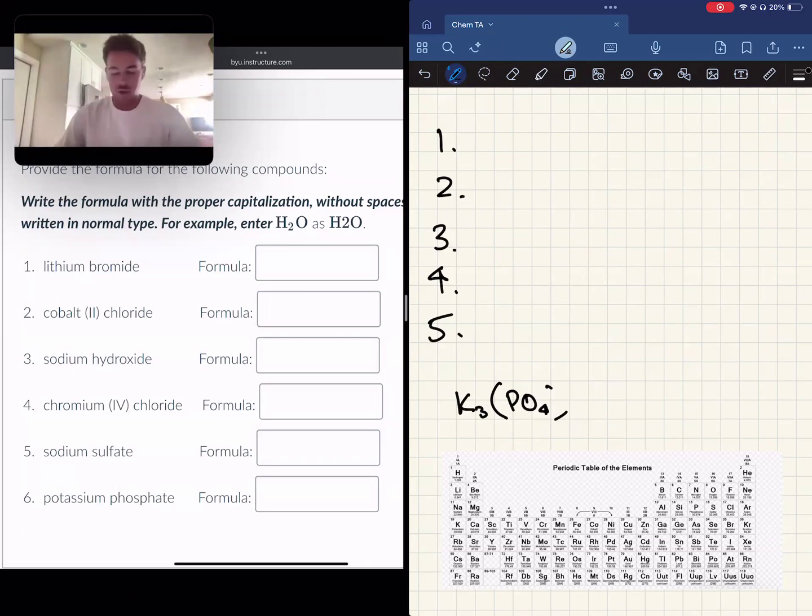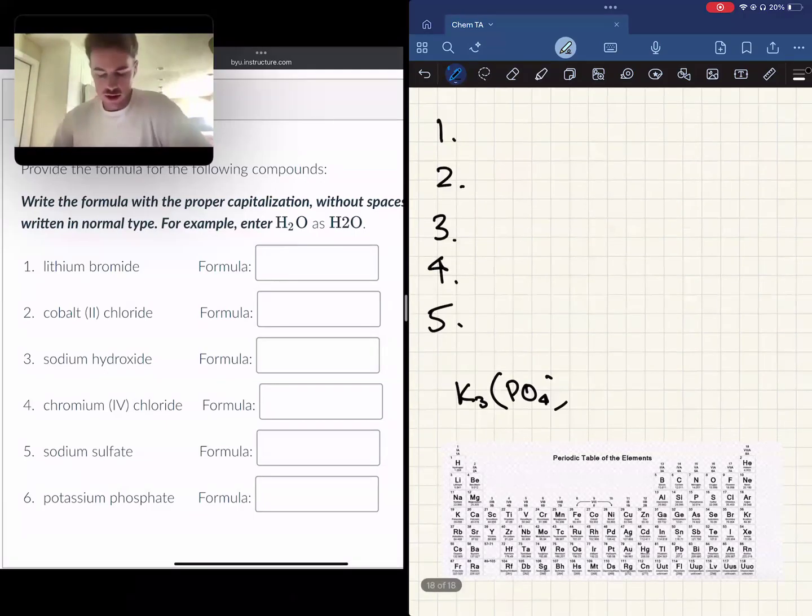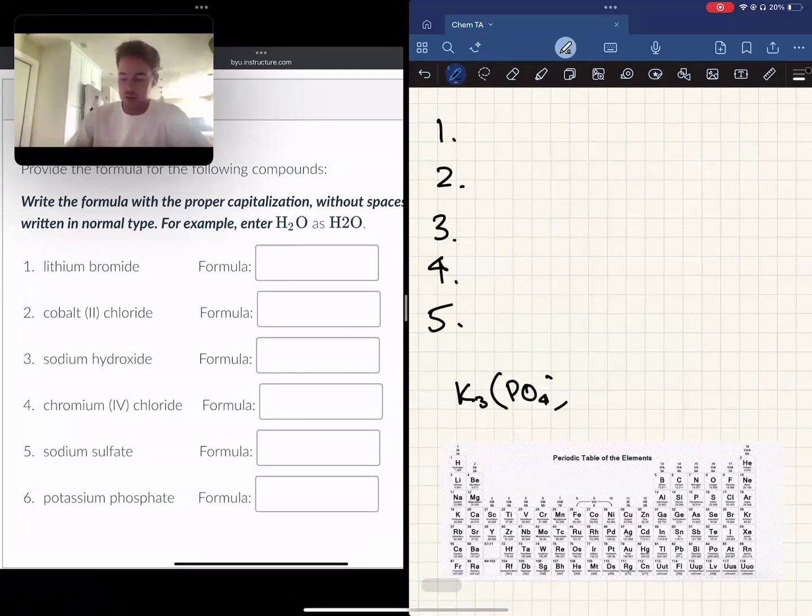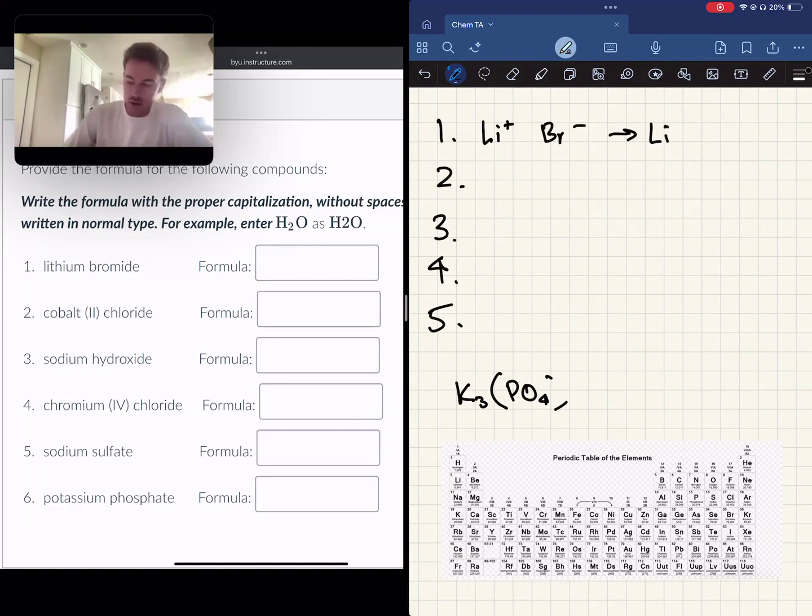Okay, let's do it. I'll go through these kind of quick just because I want to give you practice. I want to get through more topics. So lithium has a +1 charge when it's ionized. Bromide has a minus charge. So lithium bromide. Pretty simple. Cobalt, it tells us that it has a +2 charge, right? Chloride is Cl minus.